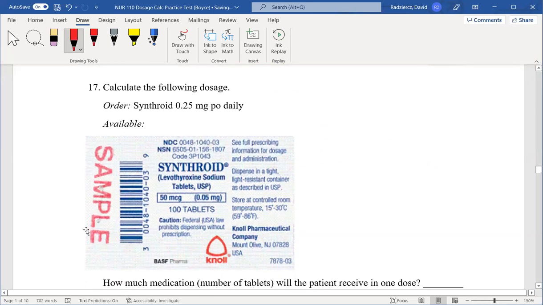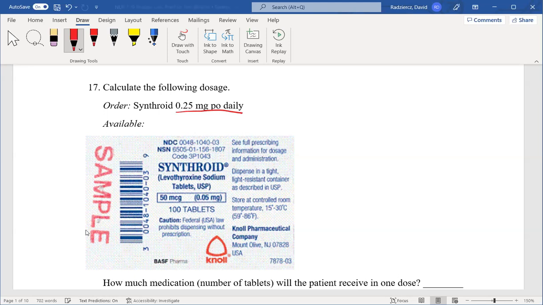All right, Synthroid. This question usually gets missed, because if you haven't looked at these labels before, some of the information on here seems confusing, and I'm going to help clarify it. First of all, we look at our order, 0.25 milligrams by mouth daily.